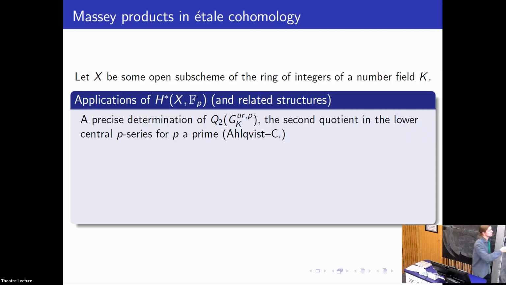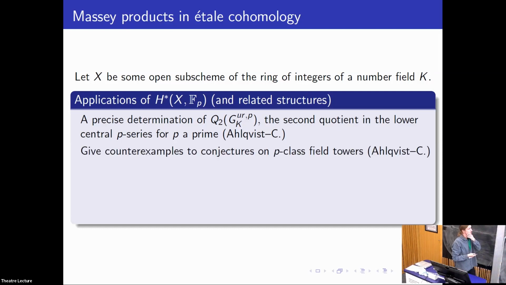So what you can do with this ring first is write down a presentation of Q2 of this group here. Q2 is the second quotient in the lower central p-series, for p prime. So this gives you some understanding of a non-abelian group. I should say that these groups are very mysterious and it's hard to say anything concrete about them.